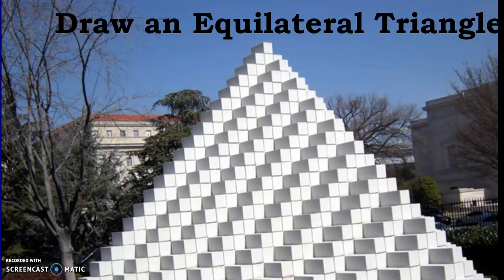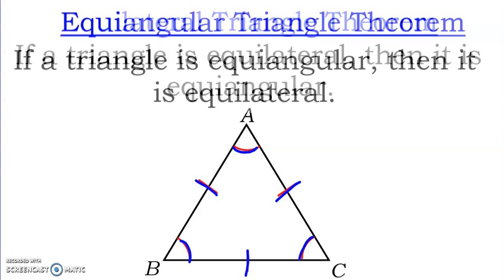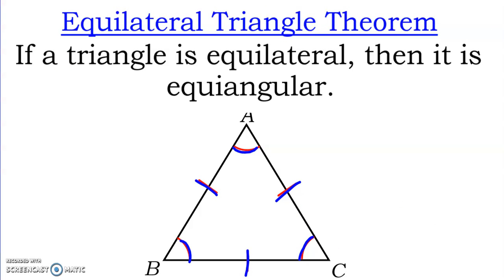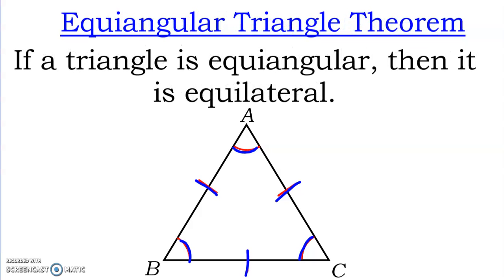So here we said, okay, the equilateral triangle theorem says if all the sides are equal, then all the angles are equal. And we also have the equiangular theorem that says if the angles are equal, then the sides are equal.